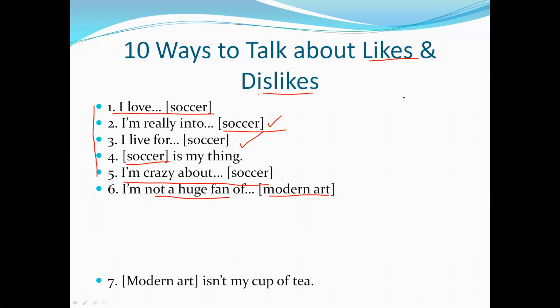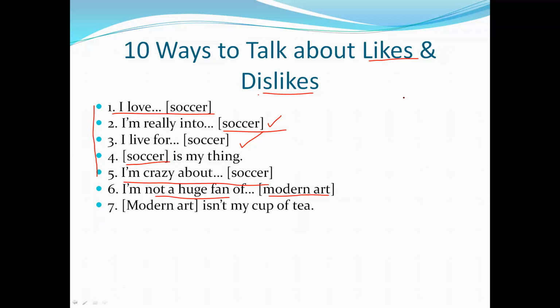Then next you can say that modern art is not my cup of tea. What do you mean by something is not my cup of tea? Your cup of tea is not the actual cup of tea that you are going to drink. Here cup of tea means something which is very simple and easy to do, to perform.